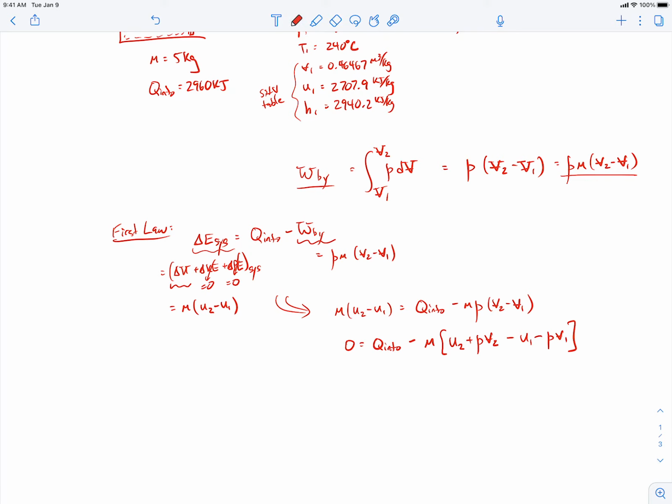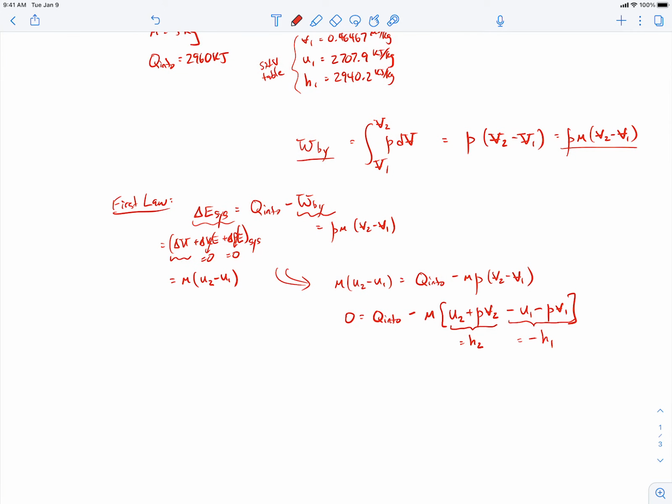Okay, now when I look at that, I'll see that I've got this U2 plus PV2. That's just the specific enthalpy at 2. Similarly, the minus U1 minus PV1, that's going to be equal to a minus H1. It's the specific enthalpy at 1. So I can now rearrange this equation, right? 0 is equal to Q in minus H2 plus H1, where these are the specific enthalpies.